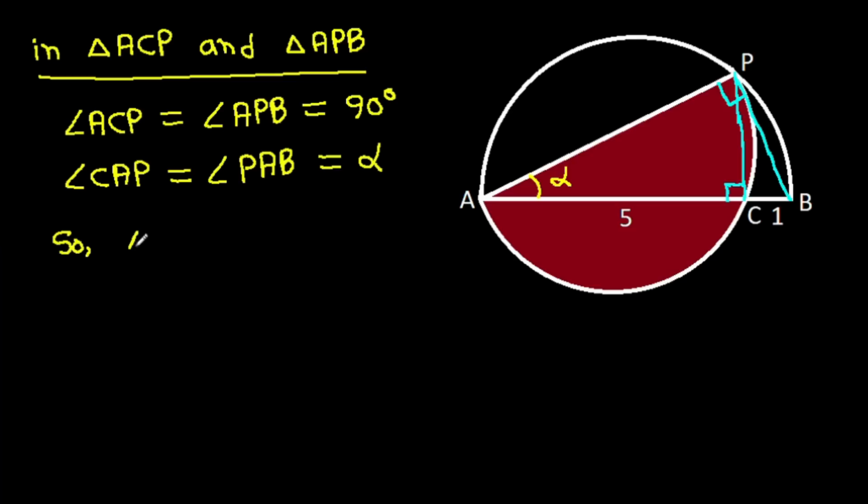So triangle ACP will be similar to triangle APB.